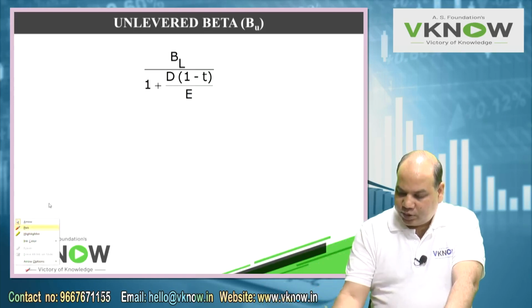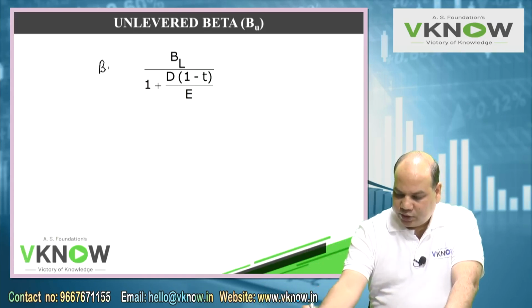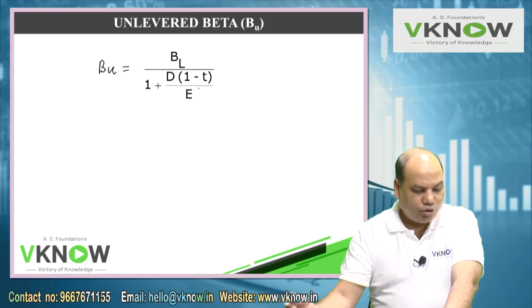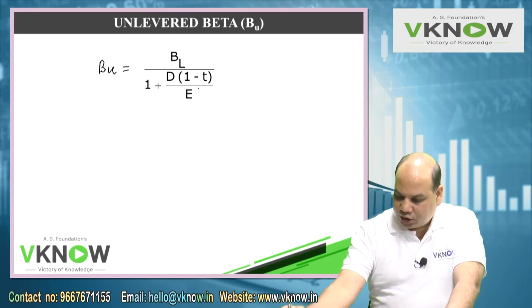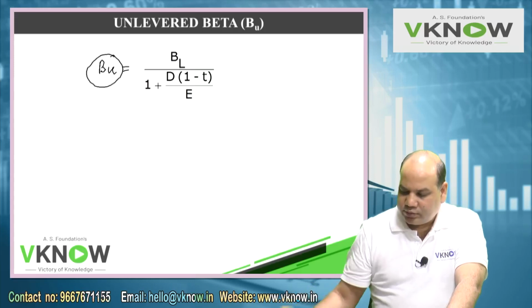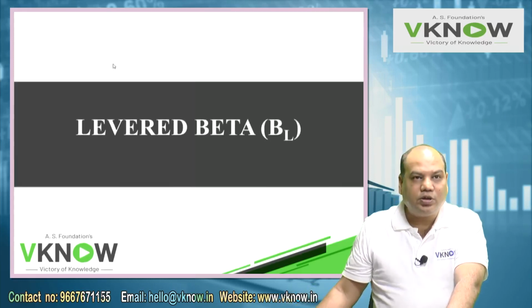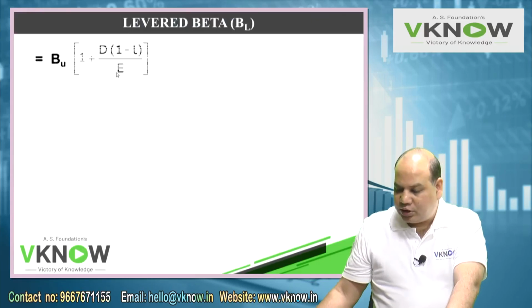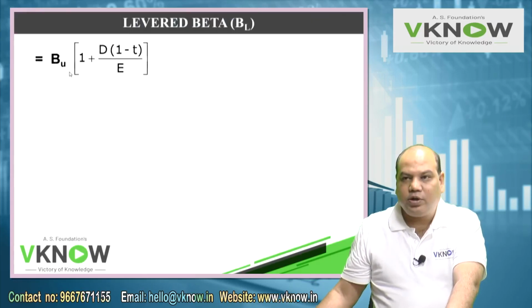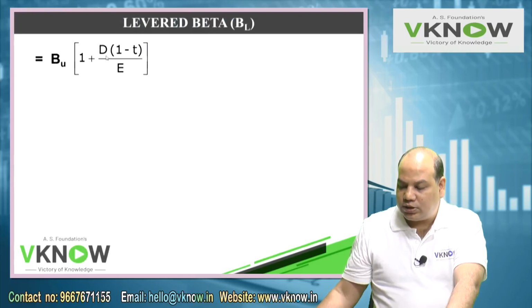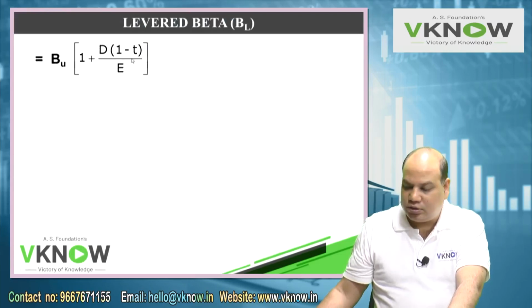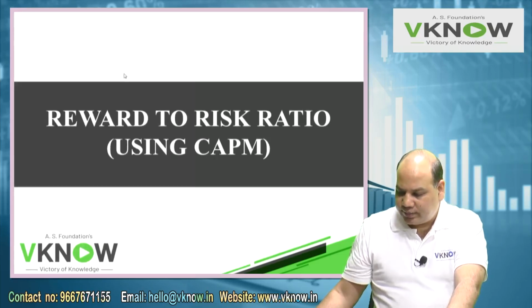So unlevered beta is levered beta upon 1 plus d by e into 1 minus t. And using this beta, you find out the levered beta of the company under question. Levered beta equal to unlevered beta into 1 plus debt into 1 minus t upon e.